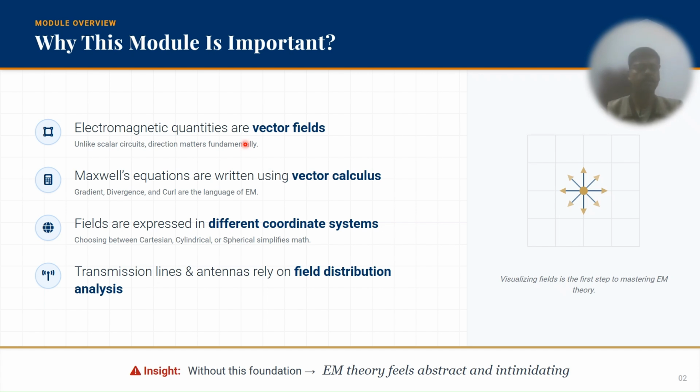The third point is that vector fields are expressed in different coordinate systems. There are multiple types of coordinate systems. One is Cartesian, cylindrical, spherical, and many other coordinate systems also exist. But mainly three types of coordinate systems we will deal with whenever we study this subject. And the fourth point, the most important point, is the transmission lines and the antennas on the field distribution part.